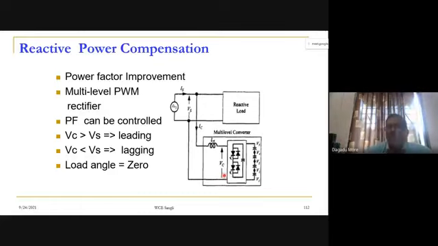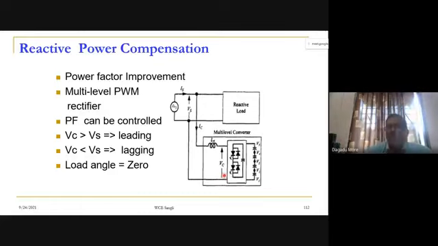We maintain VS and VC in phase. But the magnitude of VC can be controlled by controlling the modulation index of this multiple carrier sinusoidal PWM technique.